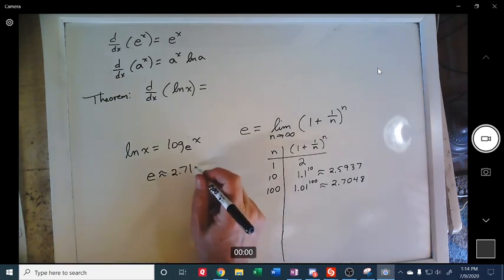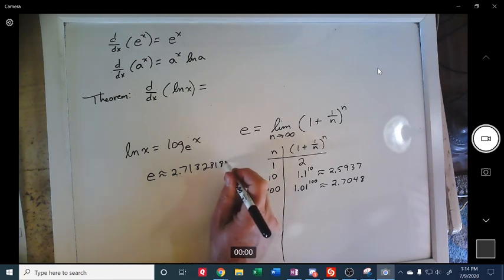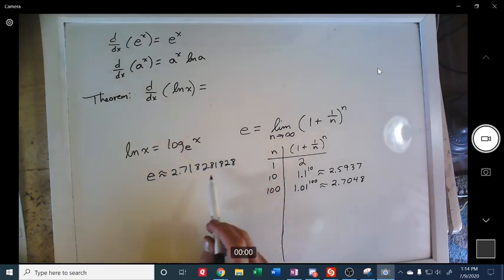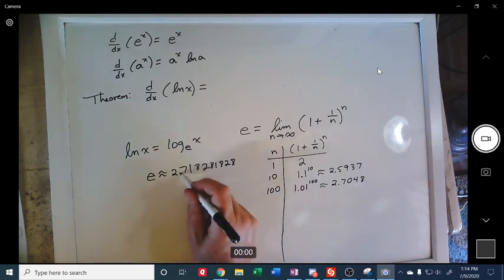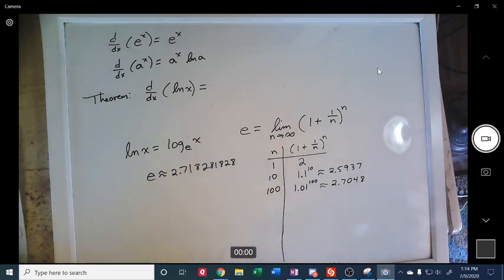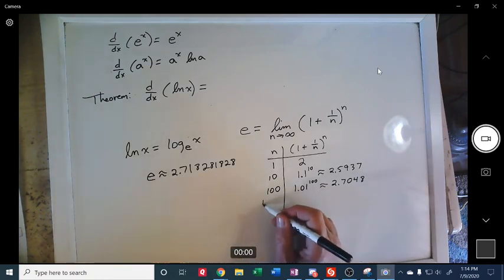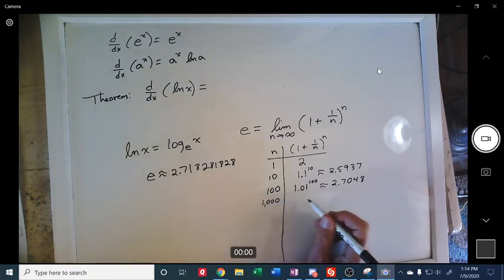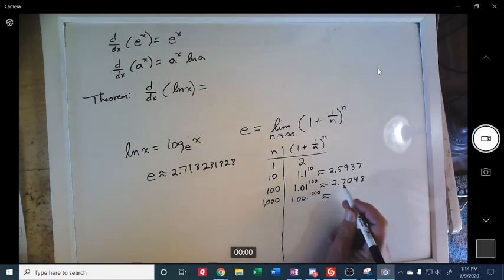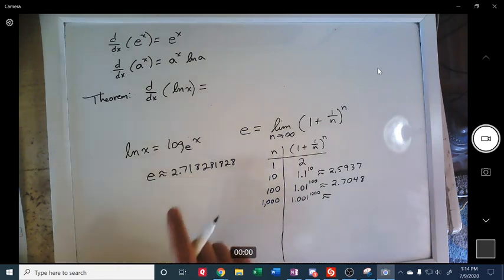with more digits, 2.7182818828, it gets into no repeating pattern. Quickly gets out of that 828 stuff, because being an irrational number, that can never be a repeating pattern. We see that the bigger this gets, the closer this is going to get to this.